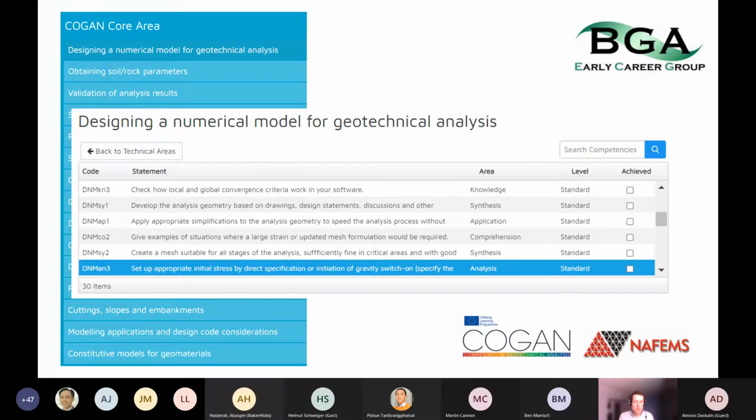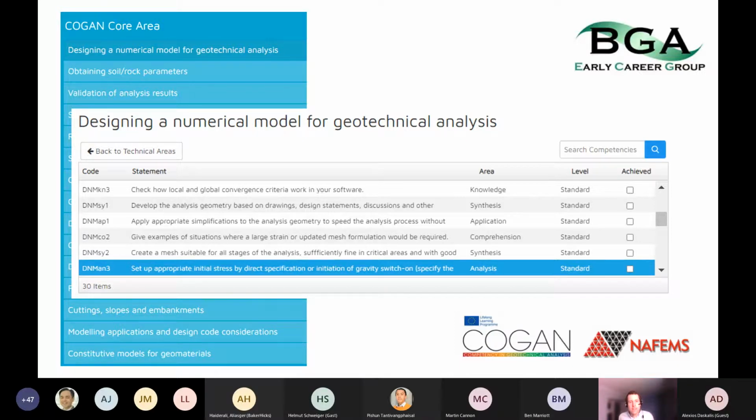That starts from the basic geotechnical engineering capabilities on soil mechanics, consolidation, undrained and drained analysis, and then goes into more numerical analysis specific competencies, and then onto practical application, for example deep excavations, where everything is brought together for actual geotechnical problems.